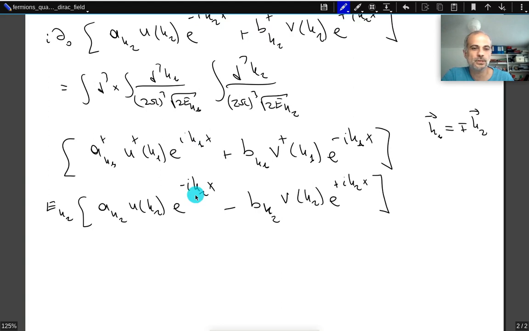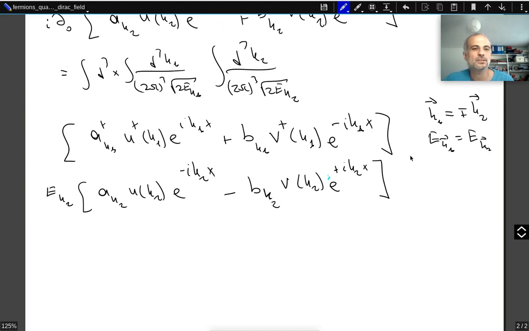So when I take the product of these two terms, in that product 3 vector k1 will be equal to 3 vector k2, but when I take this cross term, 3 vector k1 will be minus 3 vector k2. But in both cases, e of k1 will be e of k2 because it only depends on the square of the three vectors.